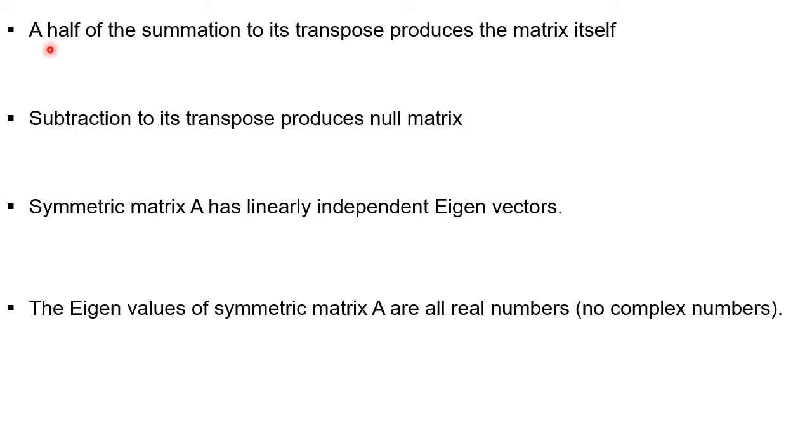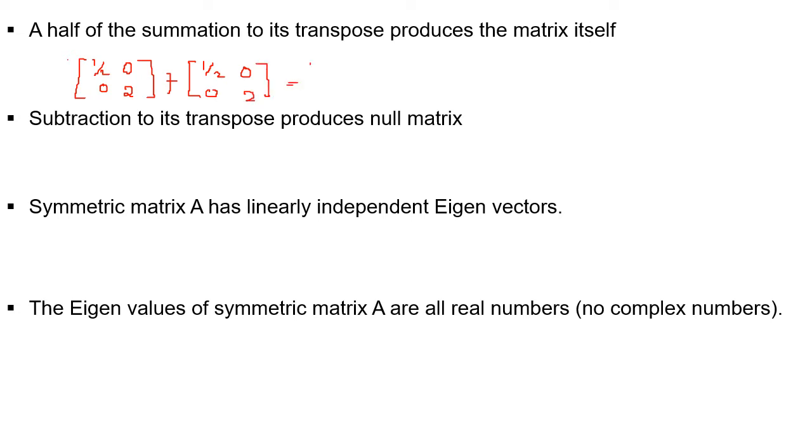Next property, half of the summation of the matrix and its transpose produces the matrix itself. So let us consider the same matrix 1, 0, 0, 4, and we have to take half of its value. So half of 2, 0, 0, 8, and we know that A transpose is equal to A. So once again it is half of 2, 0, 0, 8.